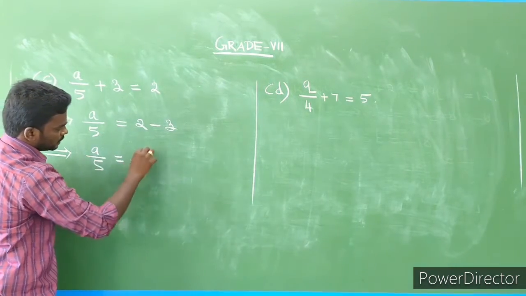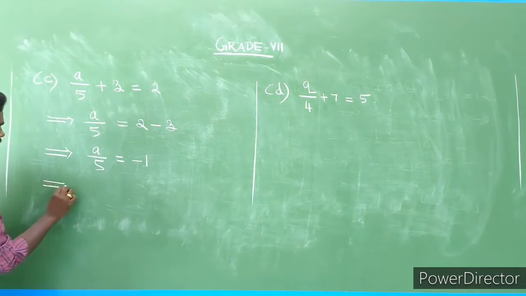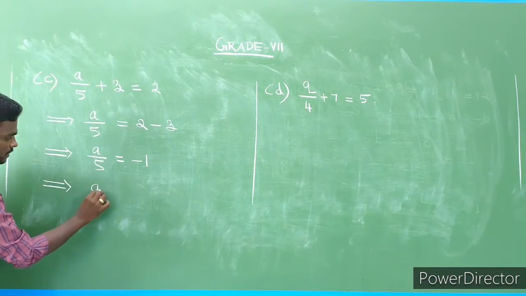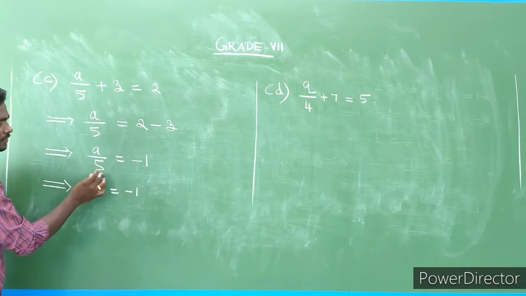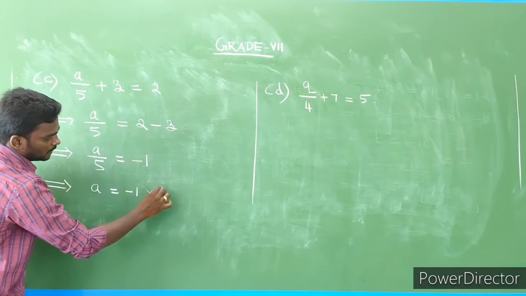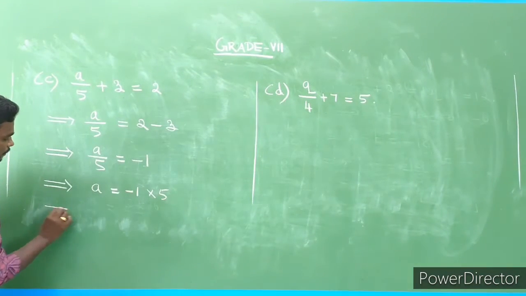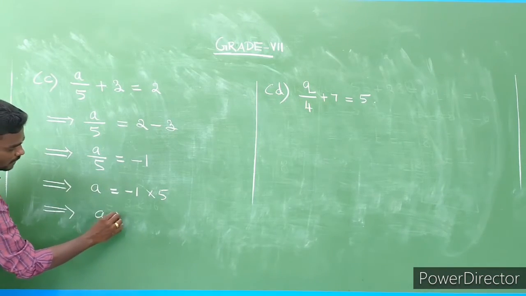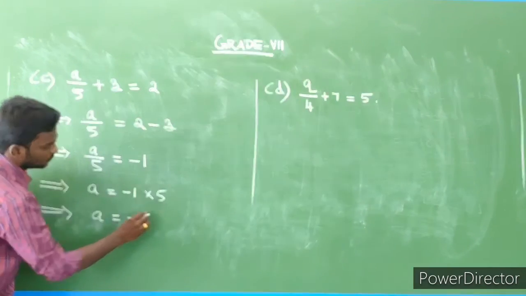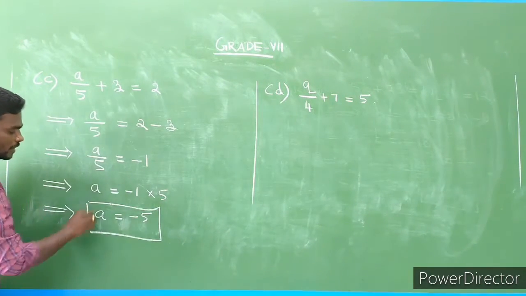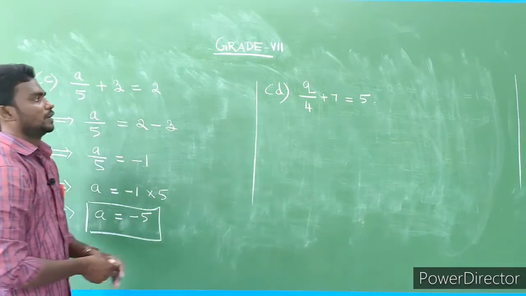That is minus 1. So we keep the value a in the left side and minus 1 in the right side. So this 5 is transposing to multiplication to the right side. What is the value of a? That is minus 1 into 5 is equal to minus 5. So the value of a is equal to minus 5.